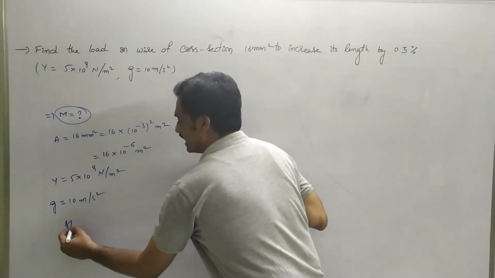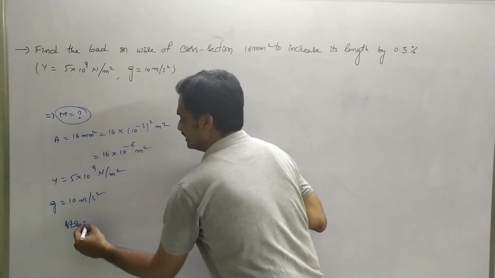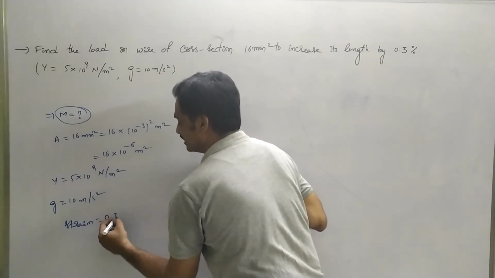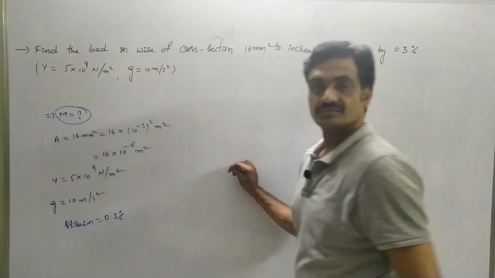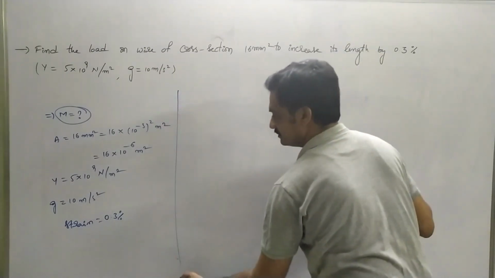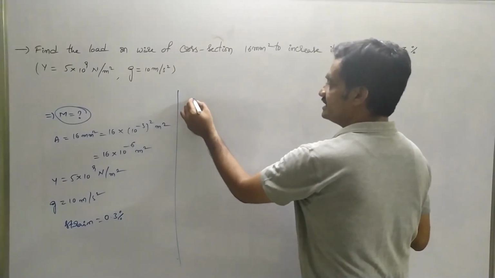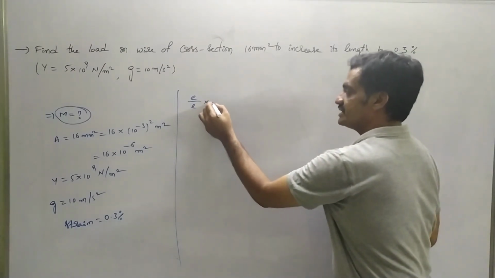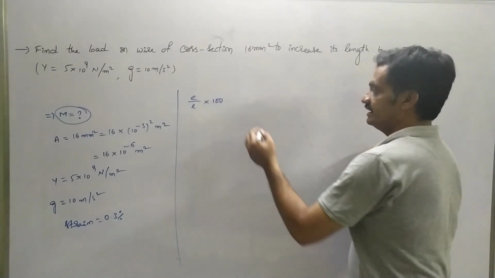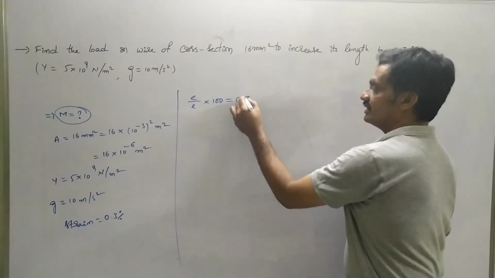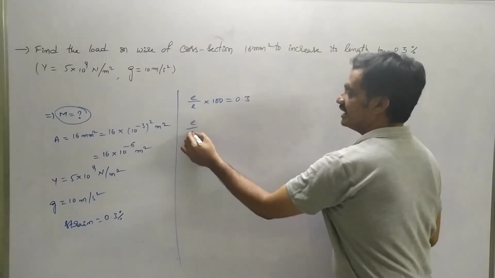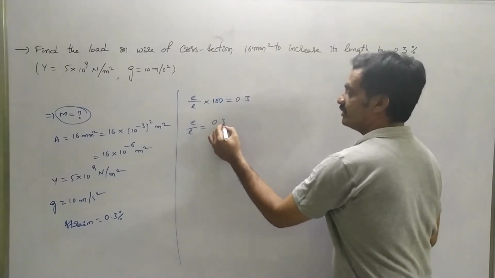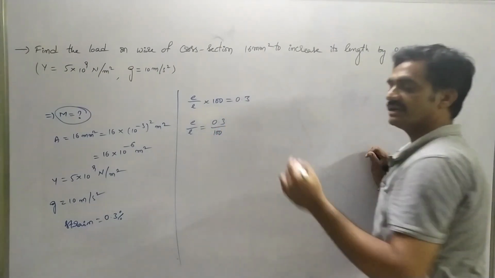Observe that strain has been given as 0.3%. Strain is nothing but change in the length by original length. In terms of percentage it is represented as e by L into 100 equals 0.3. Then e by L equals 0.3 by 100.